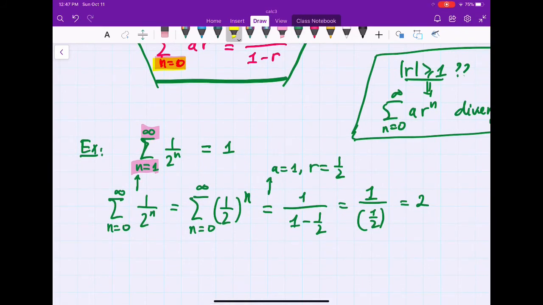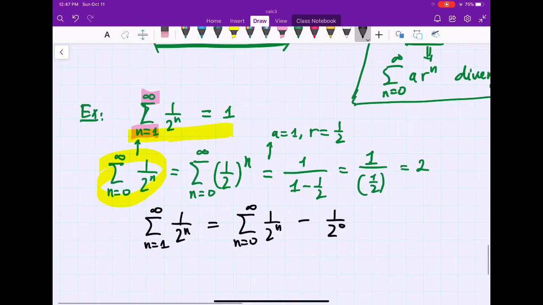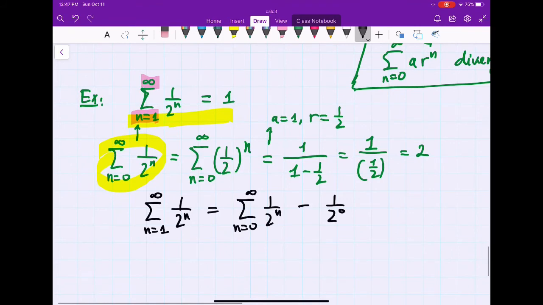But the 2 is for the series starting at n equals 0, not for ours. So the series from n equals 1 to infinity of 1 over 2^n equals the series from 0 to infinity of 1 over 2^n, minus 1 over 2^0. You exclude the very first term, the 0 term. So that is 2 minus 1, which is 1. You see, that's how geometric series works.